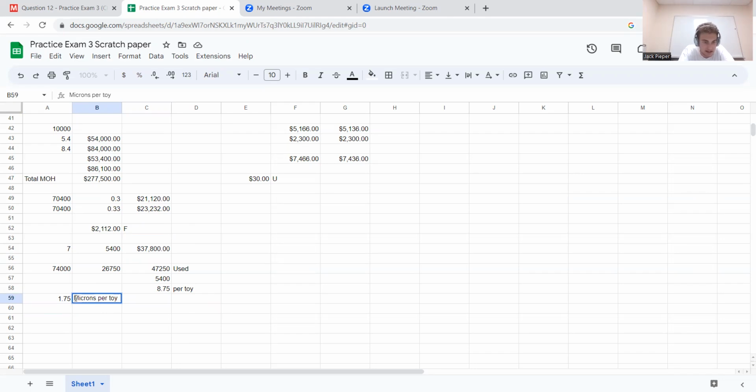So we got 1.75 additional microns per toy, right? And if we made 5,400, we get this many additional microns used, more microns used than we should.